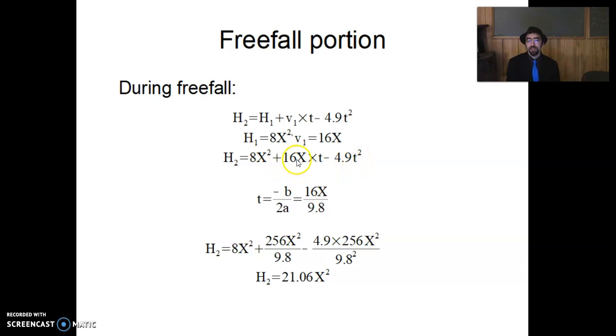So we get negative 16x over 2 times negative 4.9, right? So we get that the amount of time it'll take is 16x over 9.8.